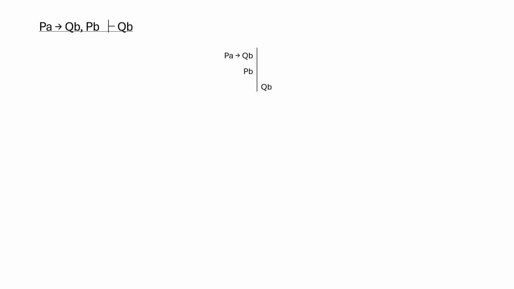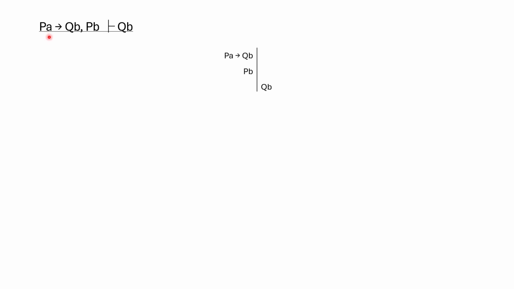Now, here's the crucial part about doing these truth trees now that we have predicates involved. In this argument, PA, arrow QB, the left side of this arrow is PA.